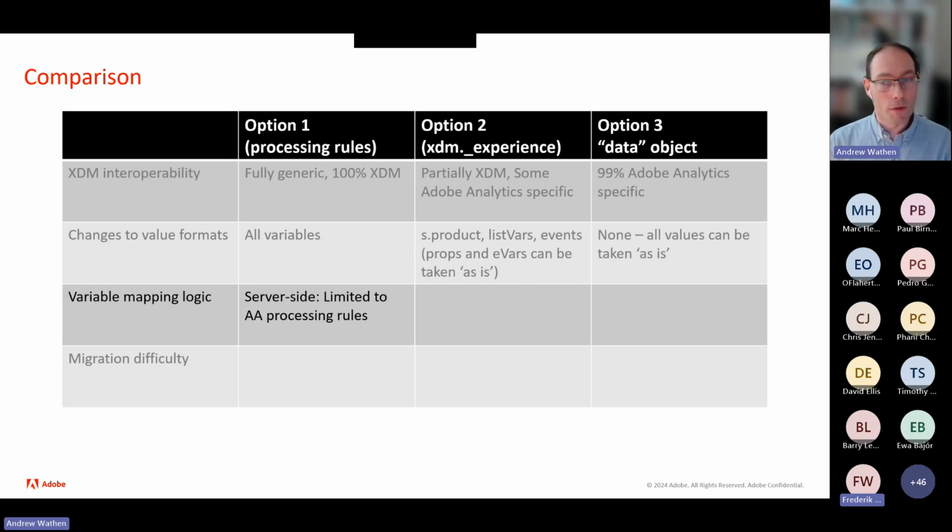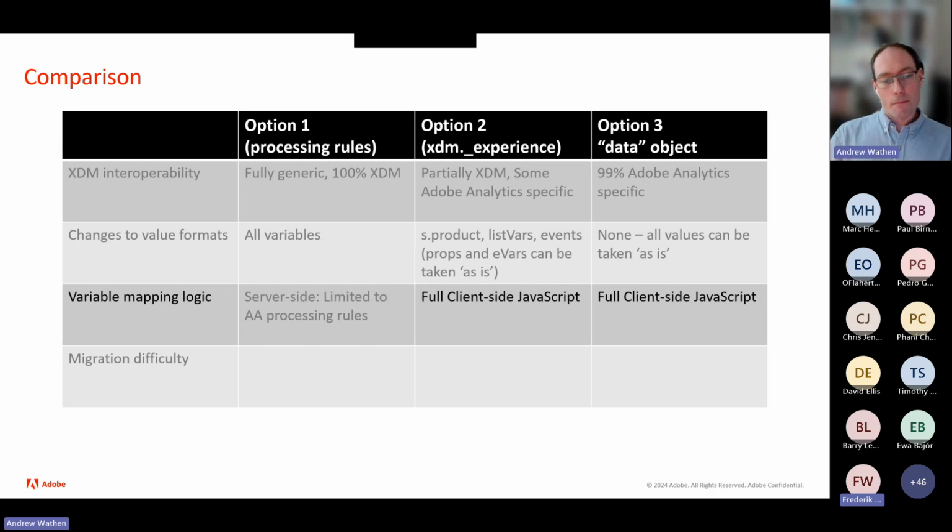We went with option 2. Option 3 wasn't available, but we went with option 2 just because I couldn't face having to use processing rules. It made me feel a little nauseous, the idea of having to deal with those. So with option 2 and option 3, obviously, because you're doing stuff on the client, you've got the full extent of JavaScript available to you to do all of that.